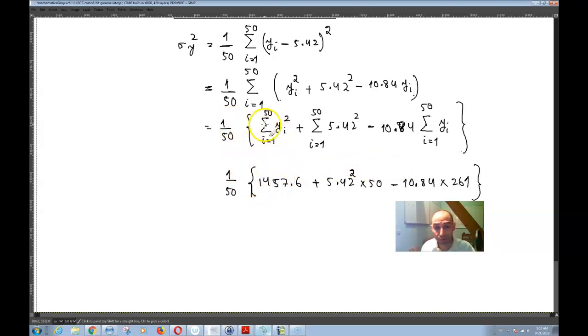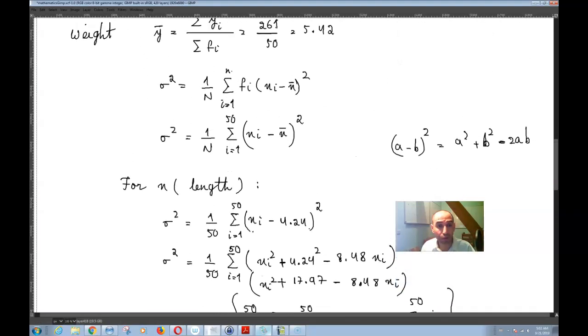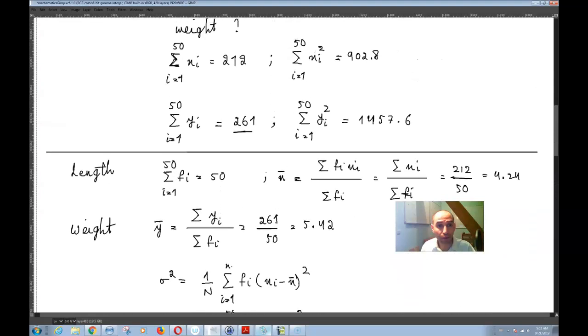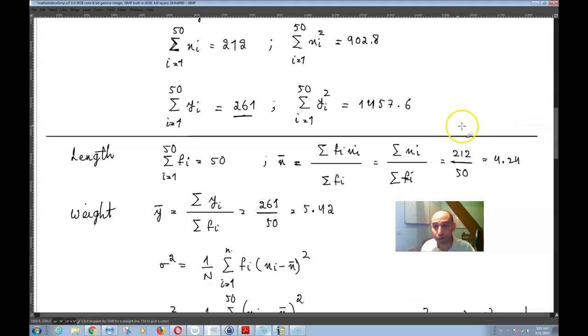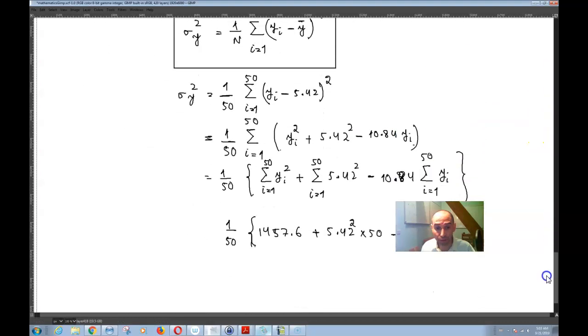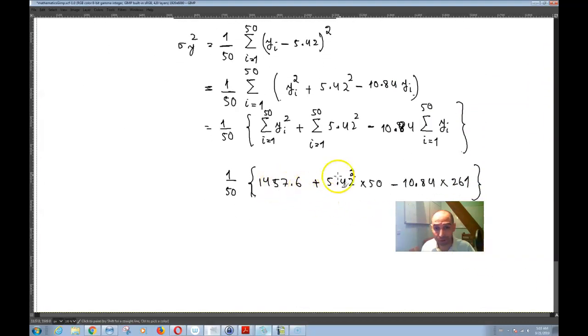So 1 over 50 sigma y of i squared. Sigma y of i squared is equal to 1457.6. Over here I have 5.42 squared times 50, which is correct.